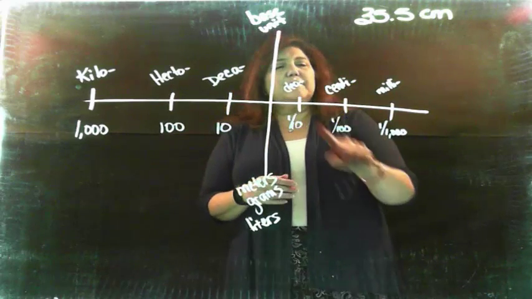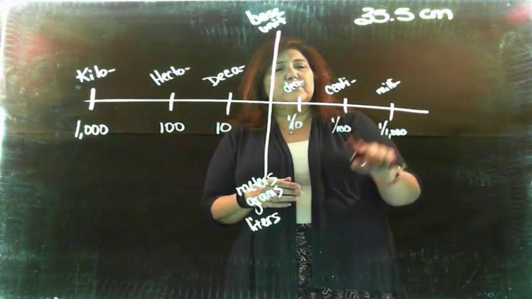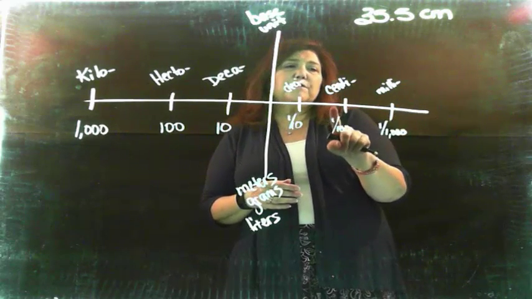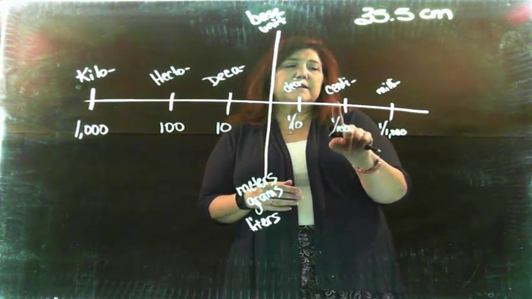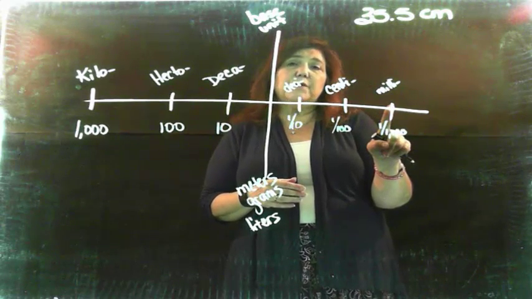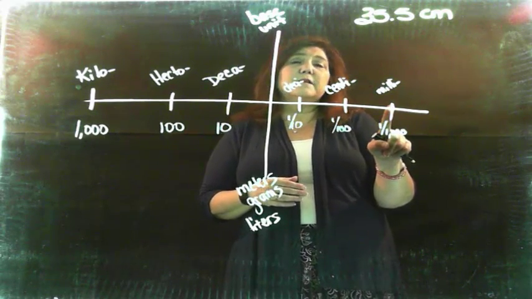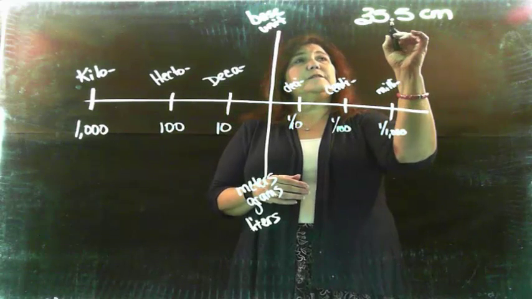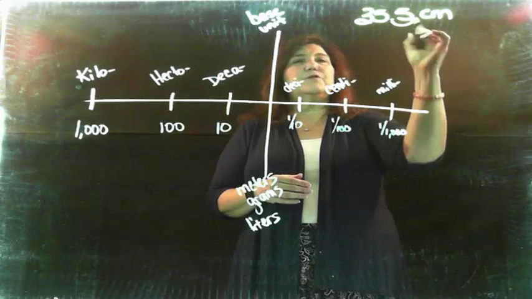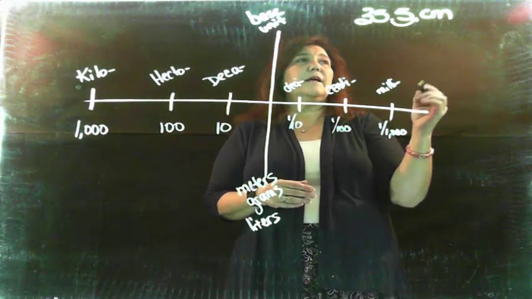So if we look here, we're starting with centimeters, and I want to go to millimeters. When I go from centi to milli, I'm going one place on my number line to the right. So instead of multiplying, I'm simply going to take this decimal point and move it one place to the right, which is the same thing as multiplying by 10.